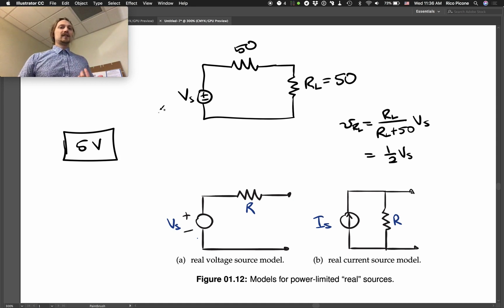So what it does is its internal VS, if you set it to 5 volts on the panel, it'll actually be 10 volts.